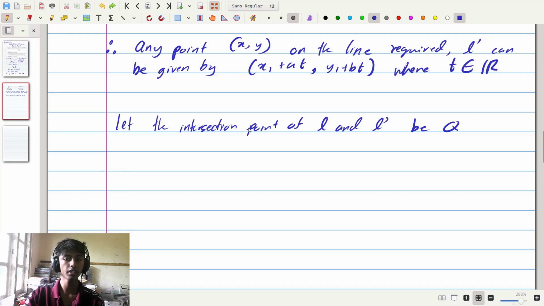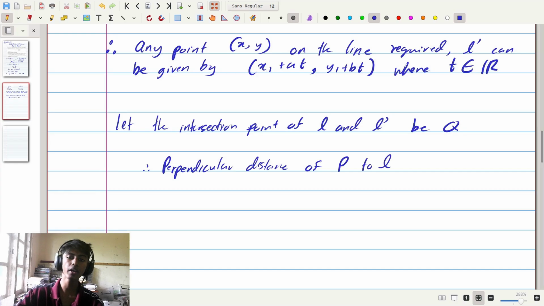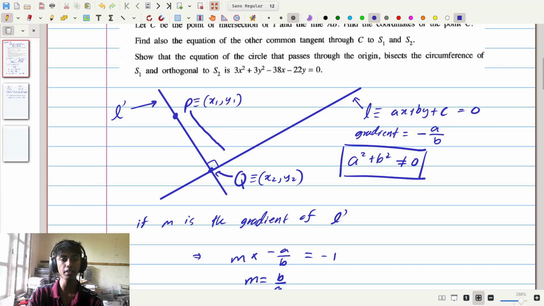So, therefore, the perpendicular distance of P to L is equal to the length PQ. And therefore, to answer our question, all we need to do is to find the value of the length PQ.